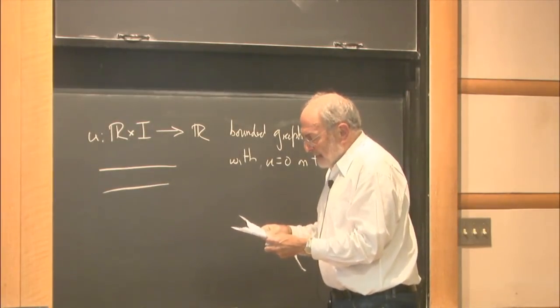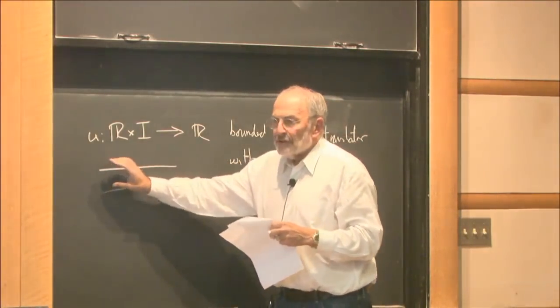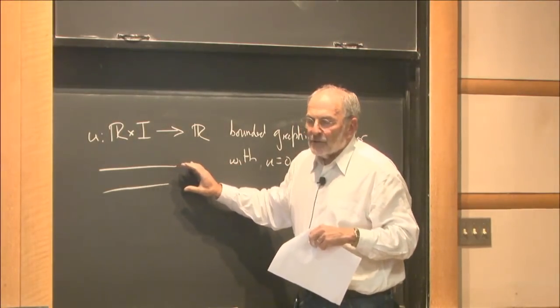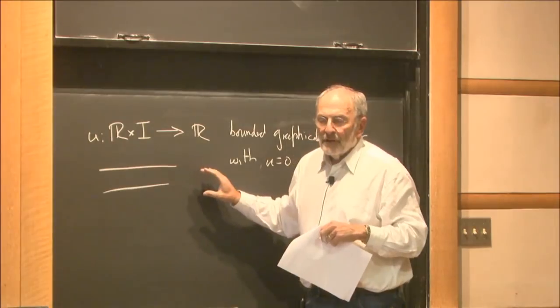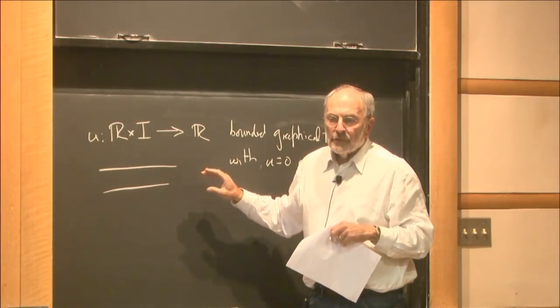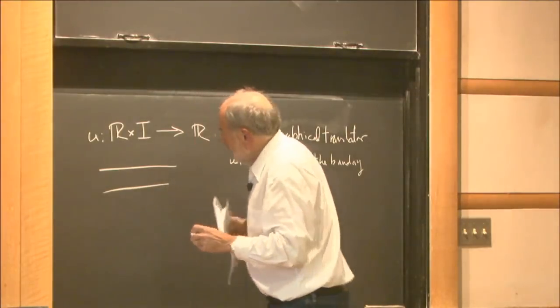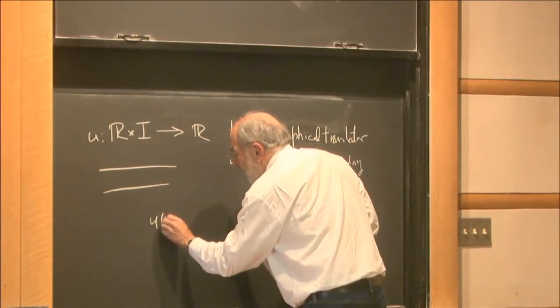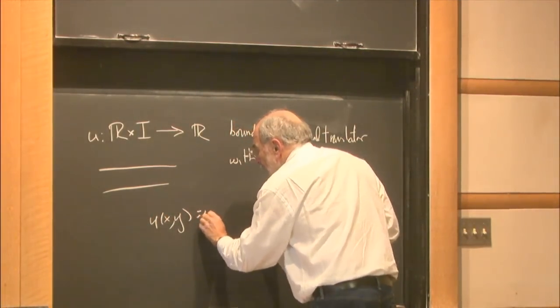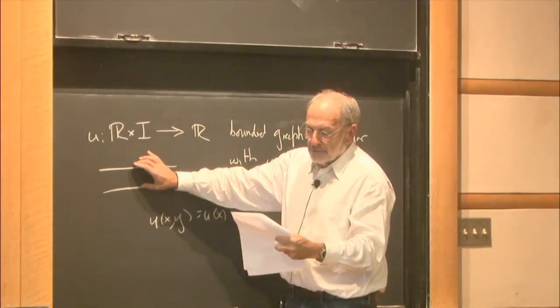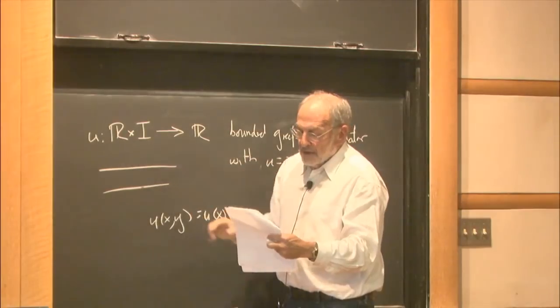I claim that by doing a translation argument, for example, if I take a translation of this, it is also going to be a solution. I claim it's not hard to show that in fact u of x,y is in fact u of x. In other words, this is a product surface.